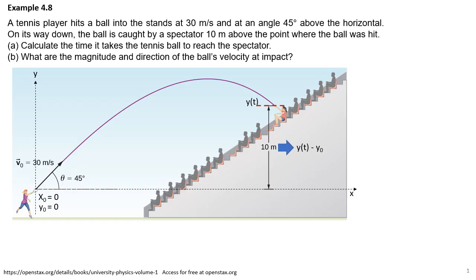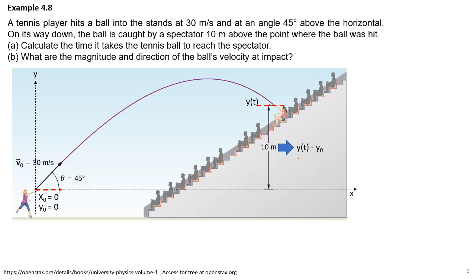That means yt minus y0 is 10 meters. This position minus this position. Now, the initial velocity is 30 meters per second. We need to find the x and y components.